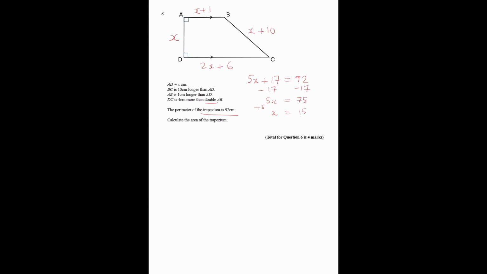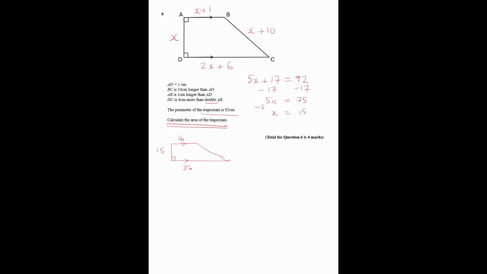Now, that's not the end of the question because we're being asked to calculate the area of the trapezium. So I'm going to draw a little diagram of the trapezium. x is 15, this is 16. So the two parallel sides, 16. This is 2x plus 6. So double x is 30 plus 6 is 36. We don't need to know the slant height.